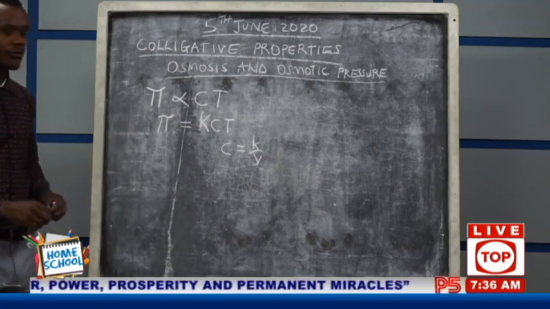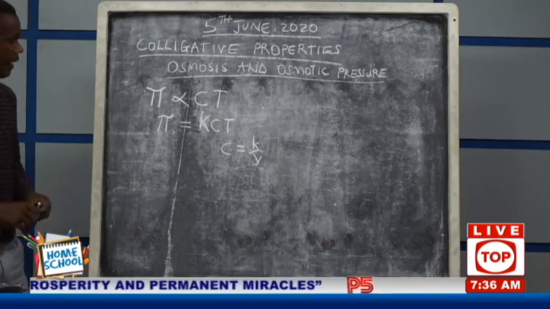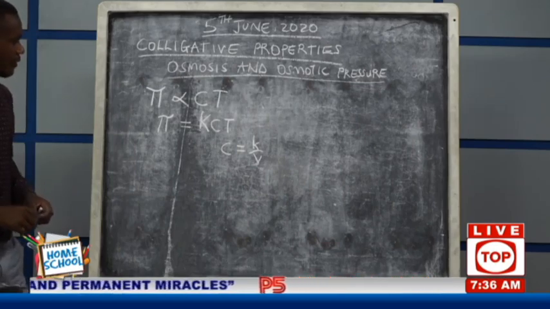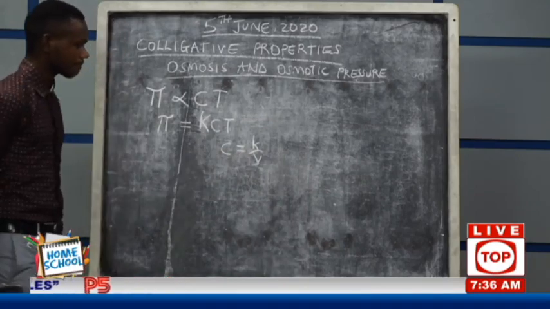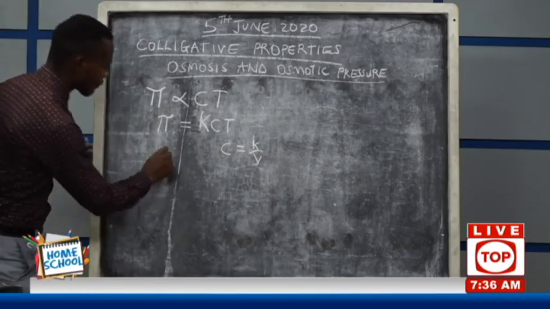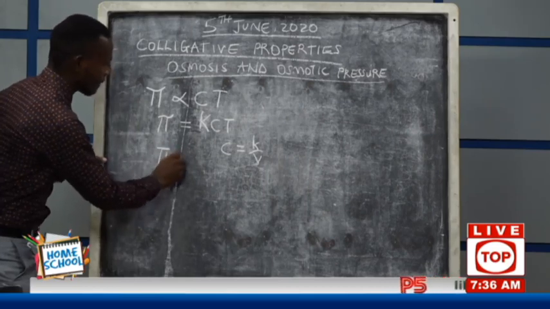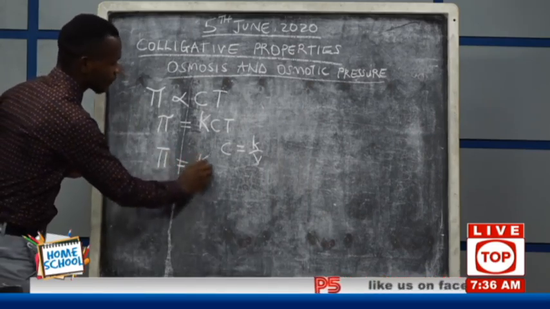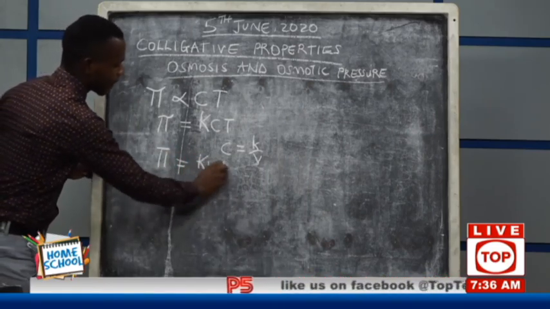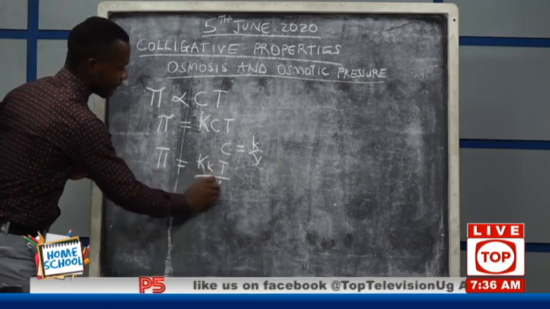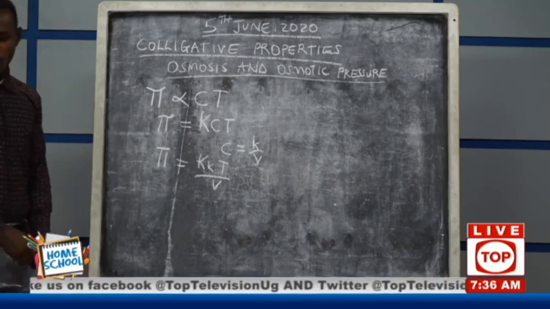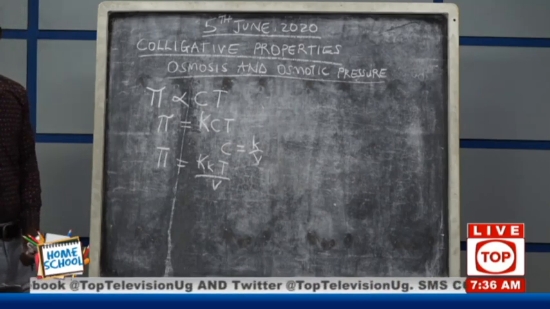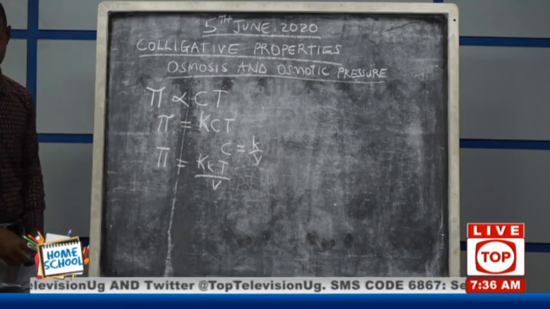And now what happens? You are going to apply the two here. You are going to find that you have pi equal to capital K, small k, T over V. However, we are dealing with gaseous molecules.